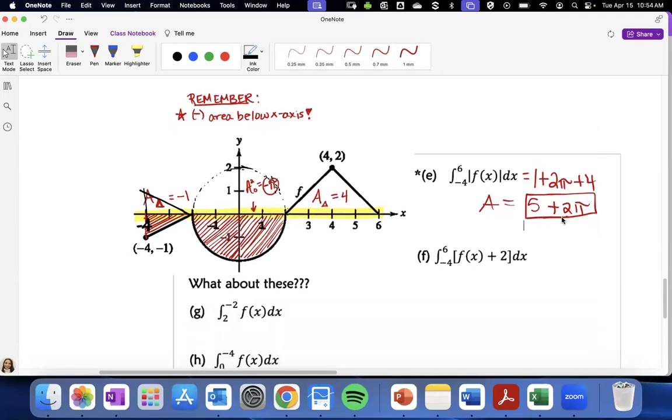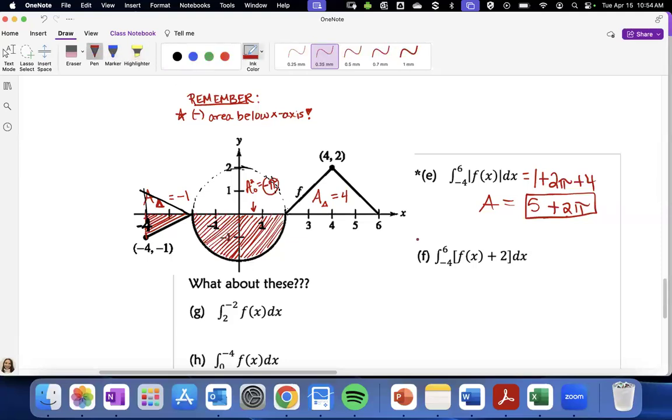All right. Now let's talk about letter F, because here you're going to have to use some geometry skills and calculus skills. So I'm saying if I take f of x and add 2, what is the integral of that from -4 to 6? I'm looking at -4 to 6, that whole line, but I'm adding 2.